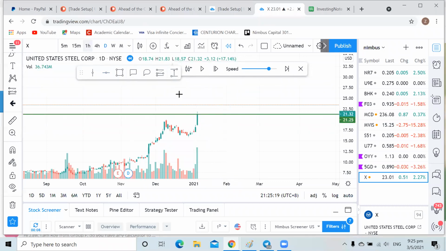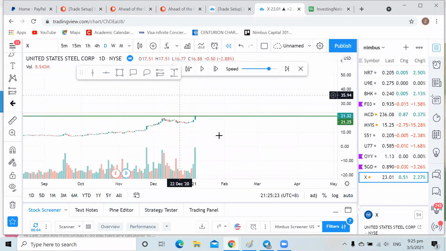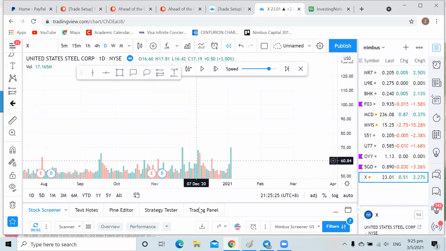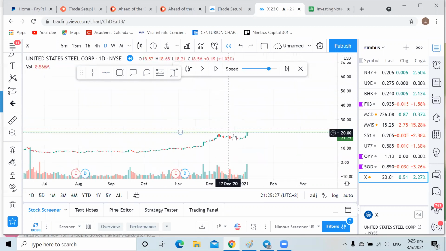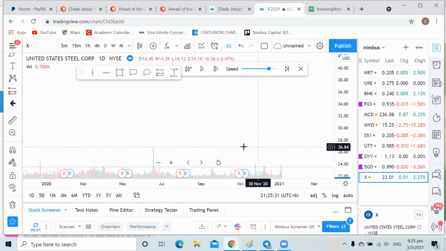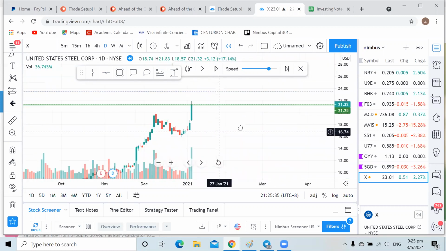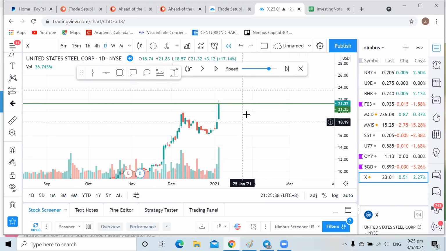Meaning instead of the 240 shares, oh, it disappeared. Never mind, I think I removed all the drawings already. Instead of the 240 shares, you should only be taking 120 shares.